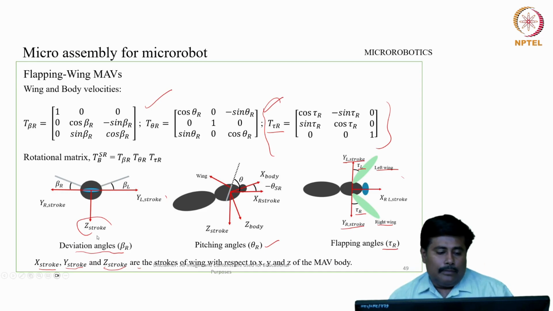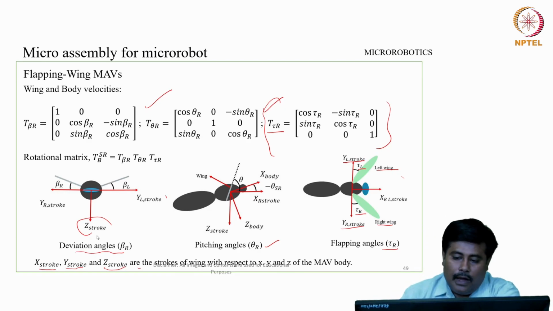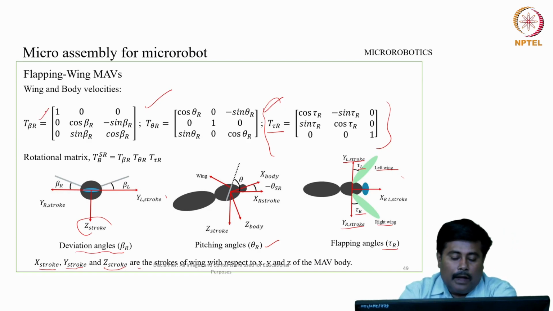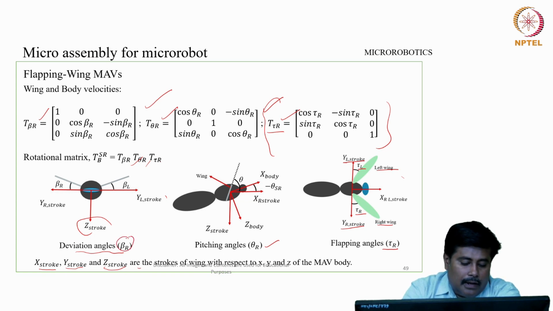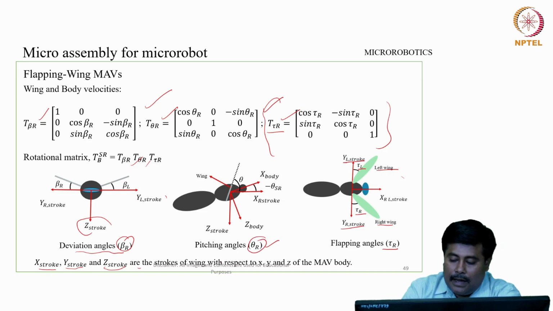When we observe a flapping wing MAV, these wing and body velocities are concerned, and we have three sets of characteristics: one is called beta R, another theta R, and the third tau R. So TBSR is composed of beta R, theta R and tau R, where beta R is the deviation angle, theta R is the pitching angle, and tau R is the flapping angle.